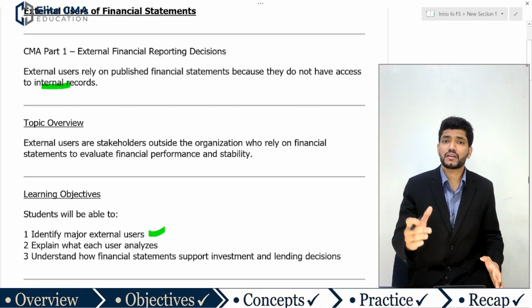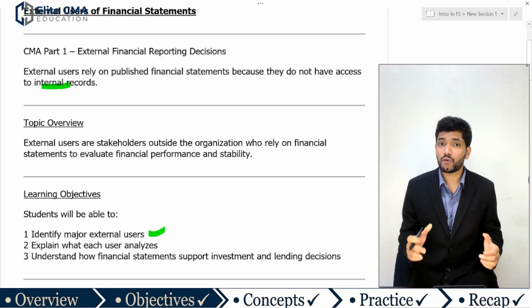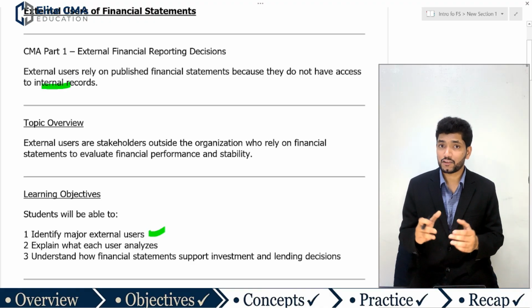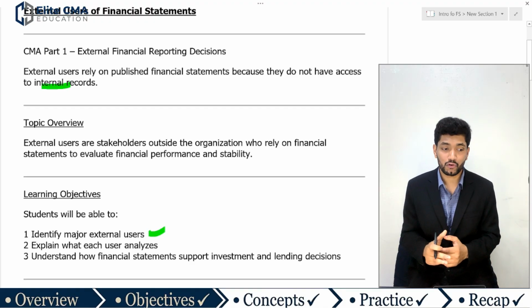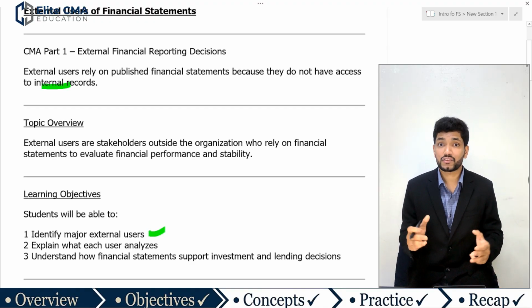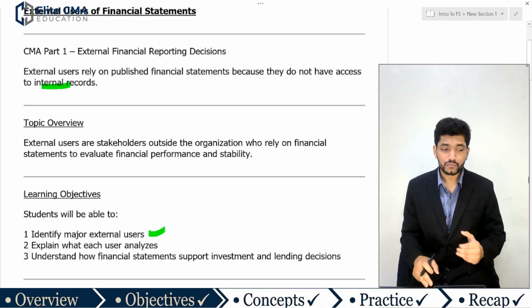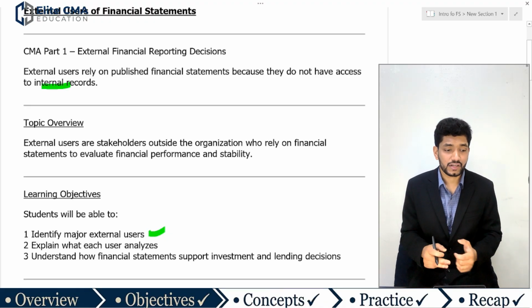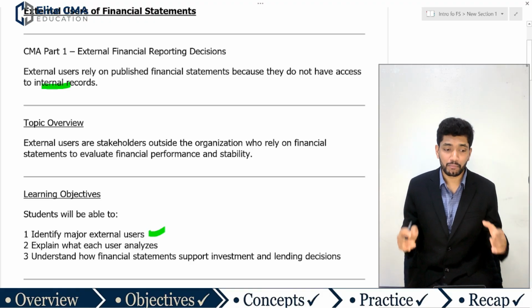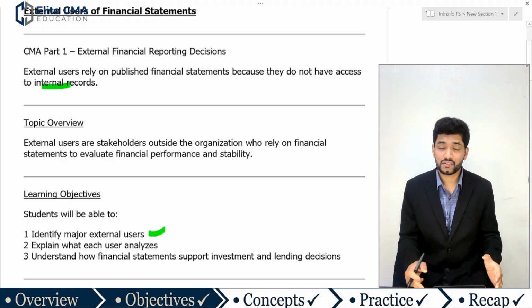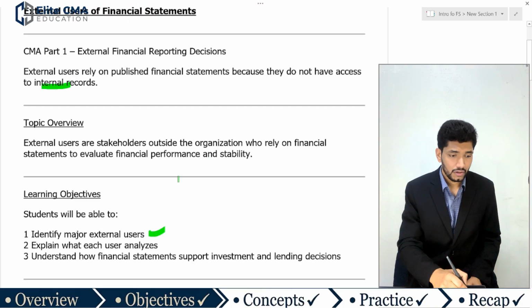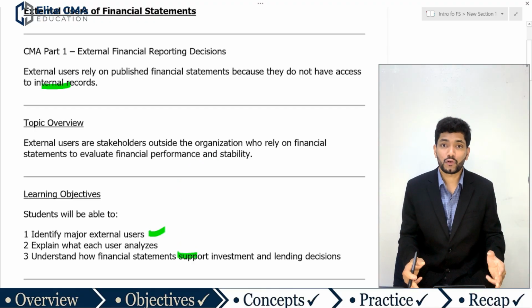Then we are going to understand how financial statements support investment and lending decision making. These are the key learning objectives for this lesson.